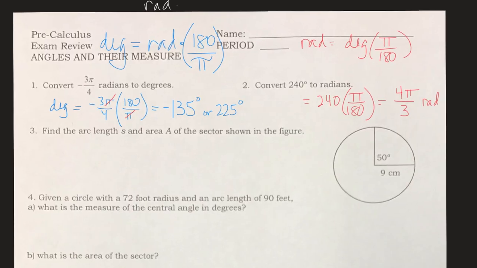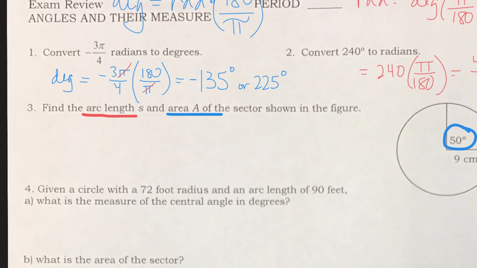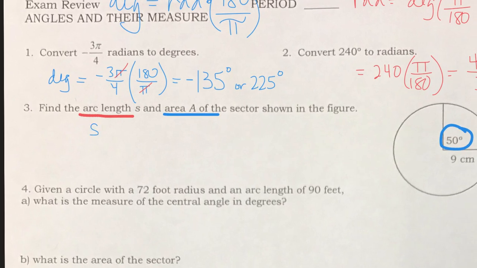Okay, arc length and sector area. There are two formulas that we need to memorize. This is a degree formula, so we're going to use the degree ratio, which says arc length over circumference, which is 2 pi r, that's circumference, you should memorize that one, equals the central angle over 360.